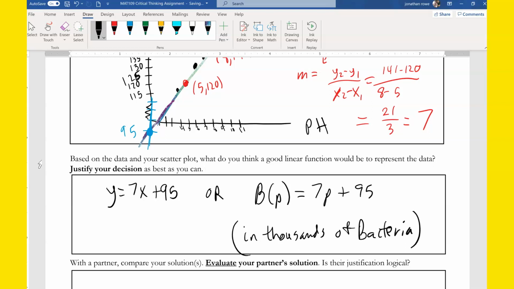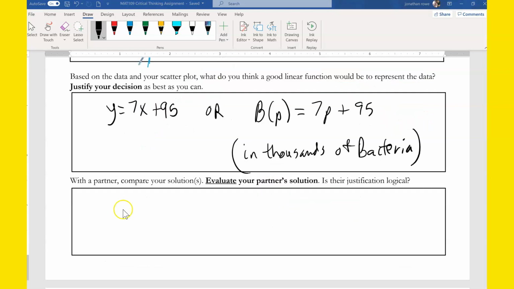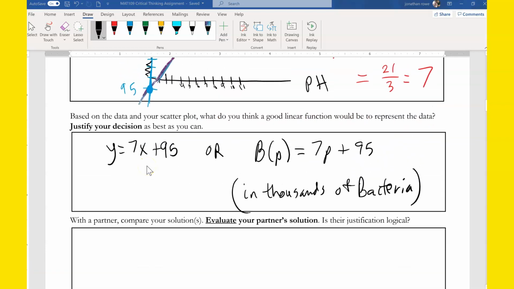This is just a way to write it as a line, but this is a better way to write it as a function where bacteria is a function of pH, so this is preferred.